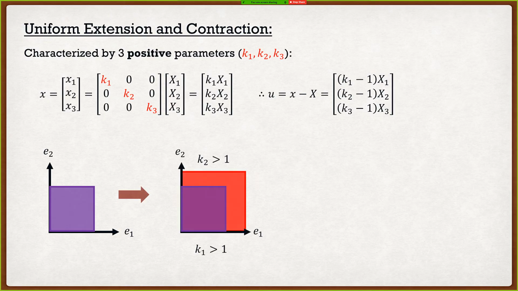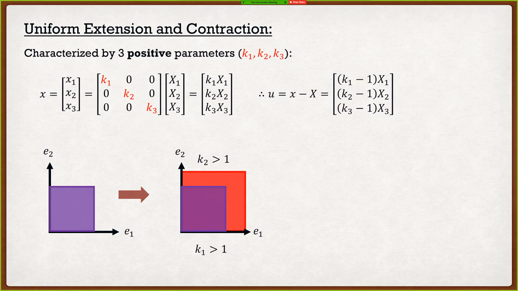Let's look at the first scenario, where I take both K1 and K2 greater than 0. If I apply this uniform extension and K1 and K2 are greater than 0, my plate starts to expand in both of those directions. K1 greater than 1, we can see it expands horizontally. K2 greater than 1, we can see that it expands vertically.